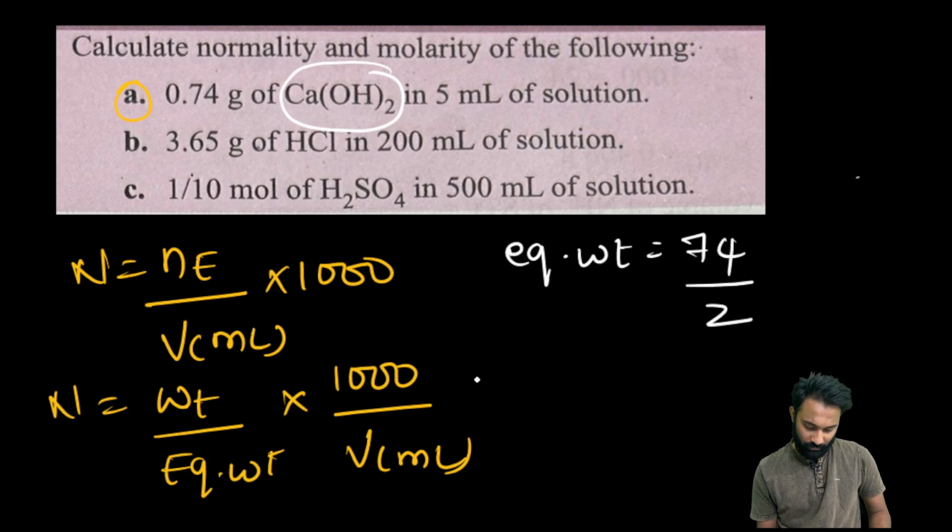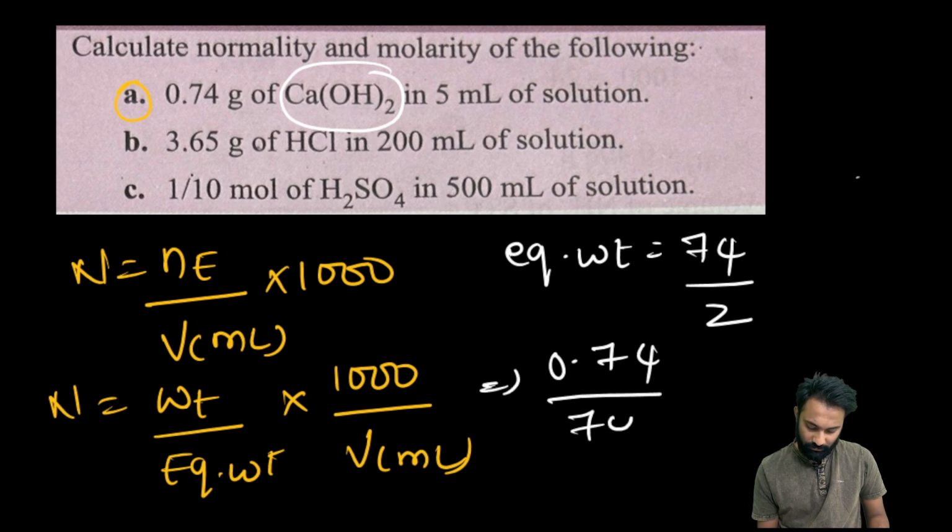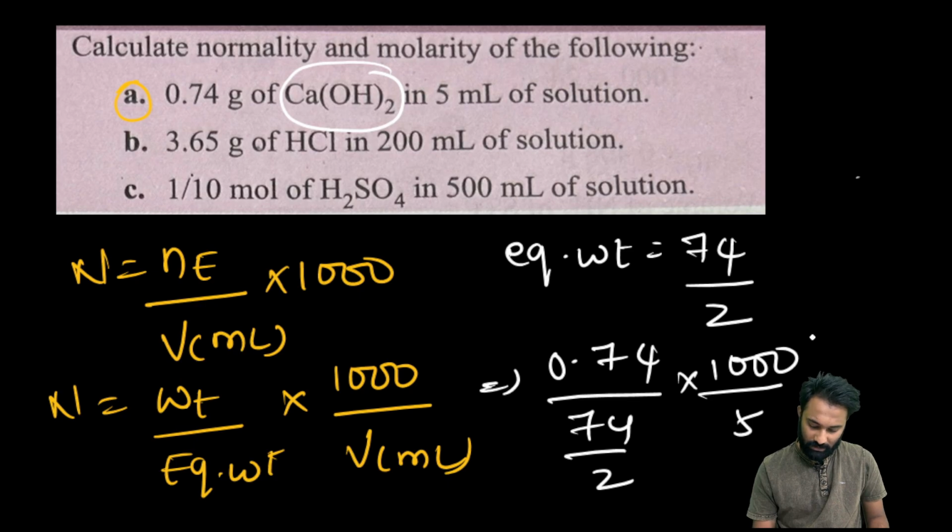Using the data they have given, 0.74 by 74 by 2 into 1000 by 5. If you calculate, the normality will be approximately 4. Clear? In fact, we got 4 for this one.